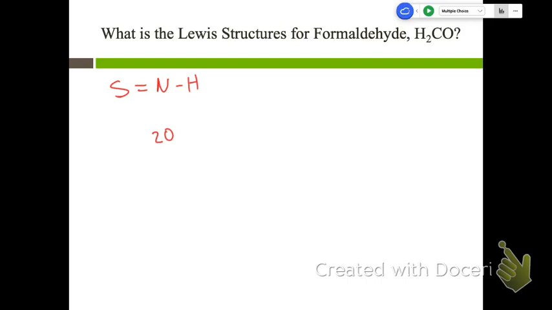Then we subtract from that how many total valence electrons there are in the molecule. How many does it have? It has 12 electrons. So if we subtract those two, we find that we need to have 8 shared electrons. How many bonds is that? So 8 shared electrons means that we have 4 bonds.